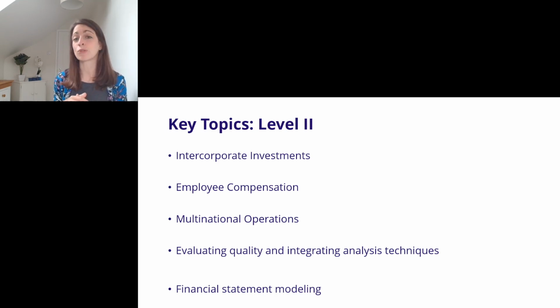Multinational operations, so bringing in exchange rates and how they affect the financial statements, and then moving on more to the focus of the analysis. So building on what was learned at level 1, thinking about how can we evaluate the quality of the financial statements, how can we integrate analysis techniques that have been learnt. And there's also a look at financial statement modelling as well.